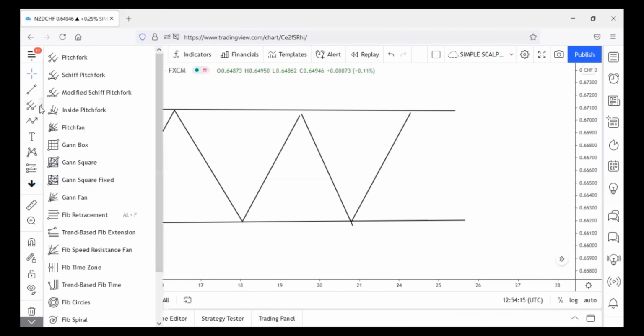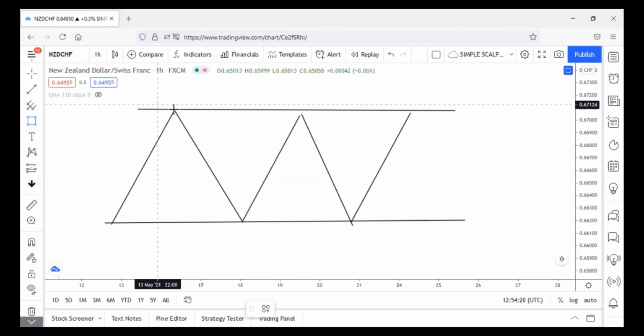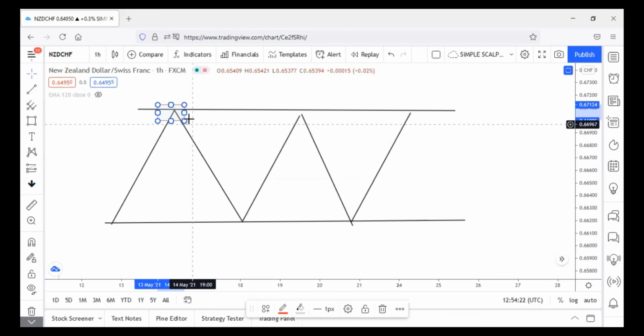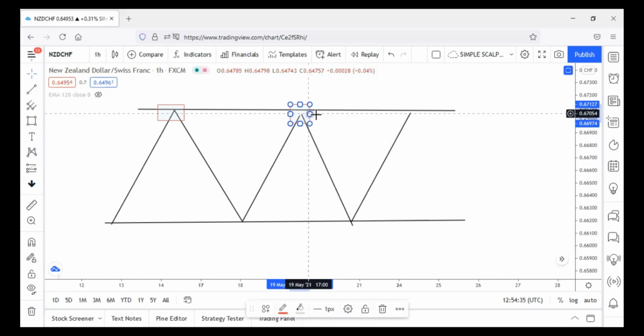the general understanding a lot of people have is that when price comes to the resistance, you take your trade with a candlestick pattern that tells you that this is ready to reverse. You take your sell trade. This is the area where you want to take your trade, looking for a candlestick pattern that tells you to go into the sell trade.